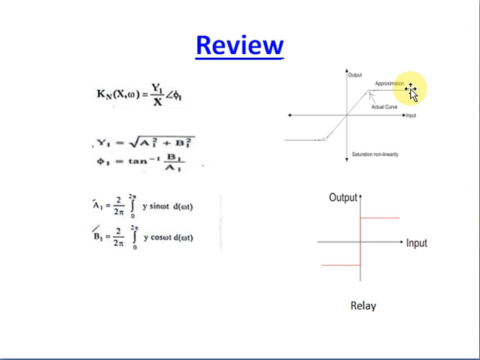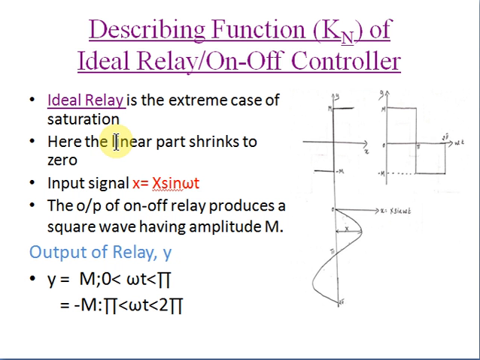If this linear part shrinks to 0, the output is like this, and this output is equal to the output of relay. That's why the ideal relay is an extreme case of saturation, because in saturation the linear part shrinks to 0, producing the ideal relay output.